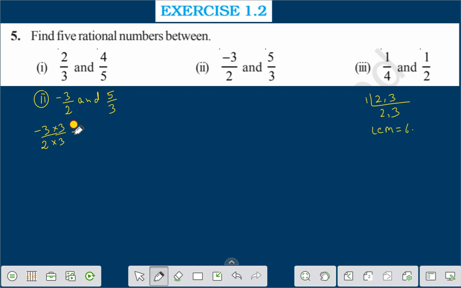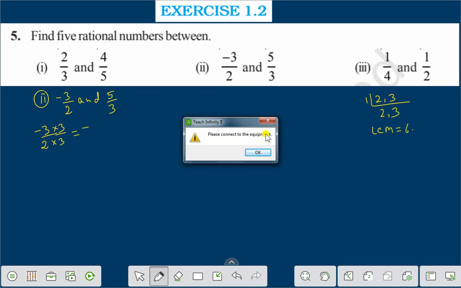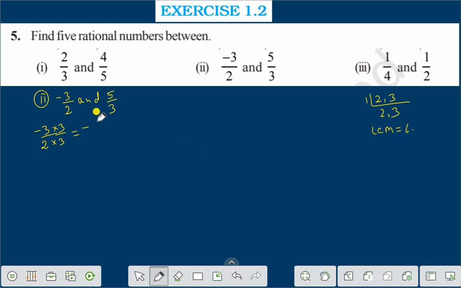Thus we are getting minus 9 by 6. And here it is 5 by 3. Therefore, multiply it by 2. That is 3 into 2 and 5 into 2, that is 10 by 6.